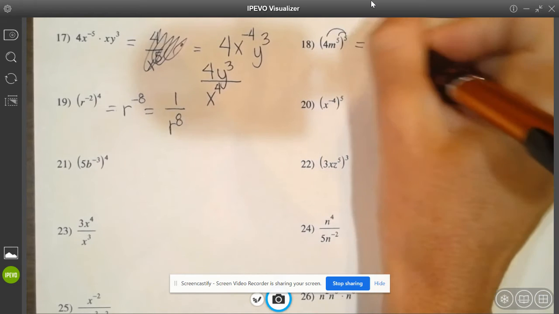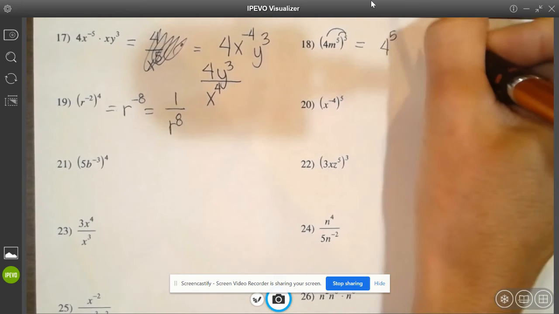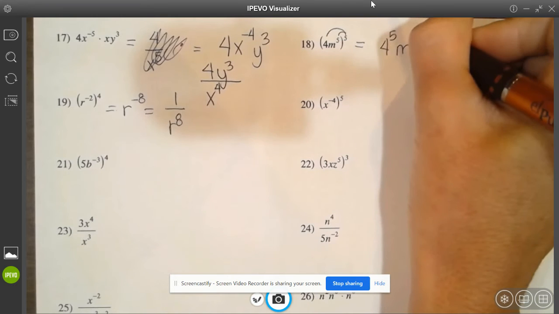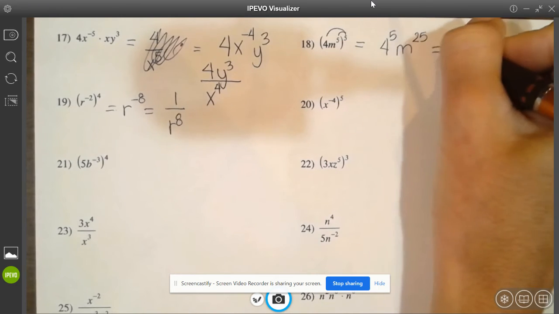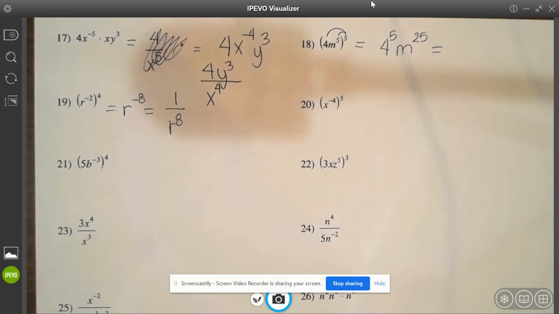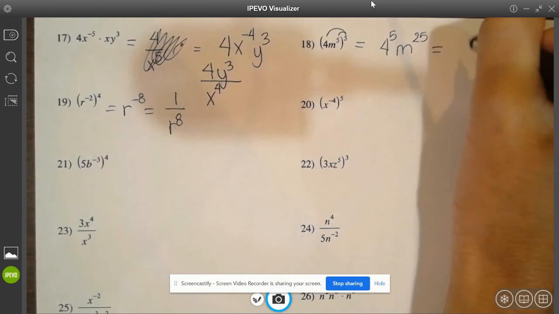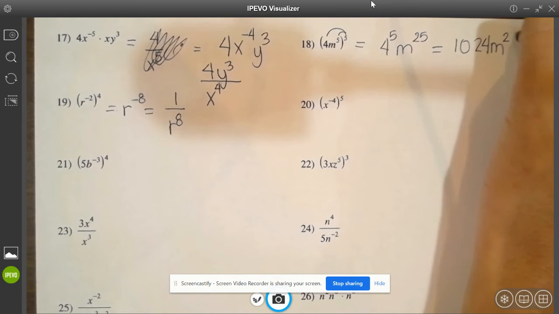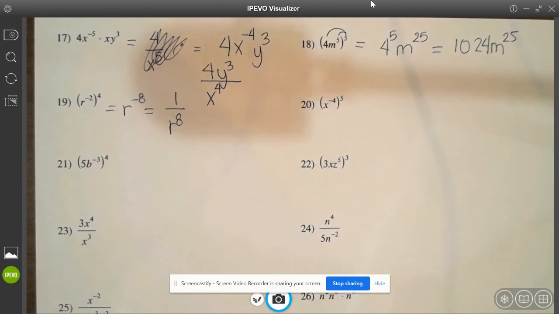So the exponent, so that's 4 to the 5th power, and m, you multiply 5, a power of a power, so that's 25. Now 4 to the 5th power is 1024, m to the 25. That is the answer there.